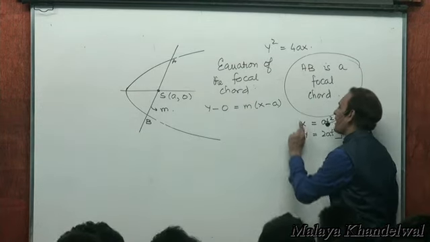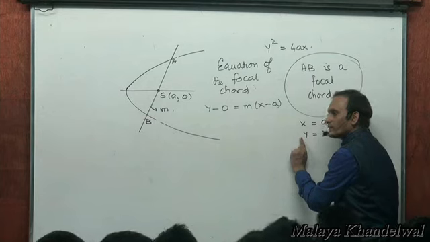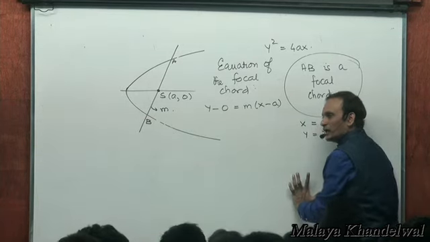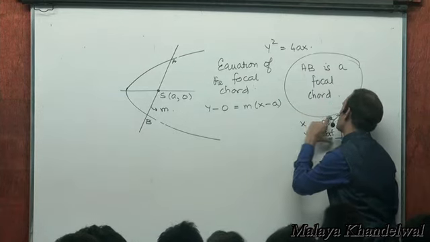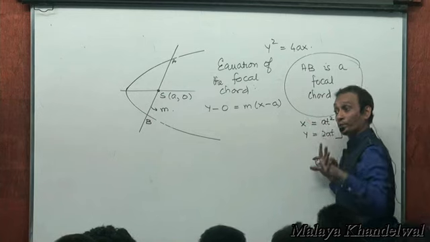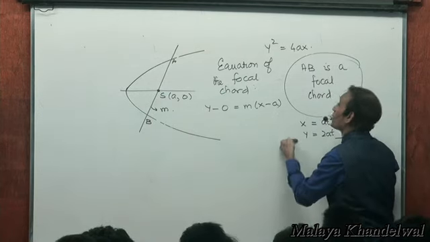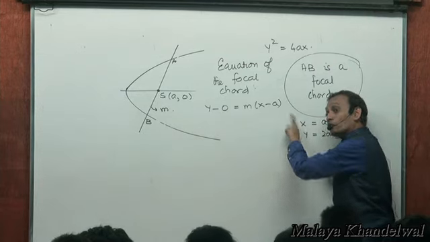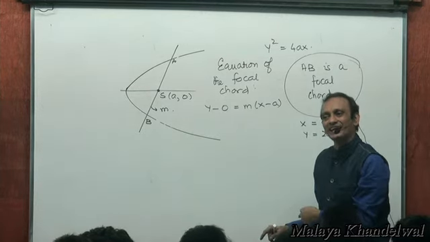The moment x and y are chosen in this form, that point is always on the parabola. But if this x, y also satisfies this equation, not only will it lie on the parabola, it will also lie on the straight line.